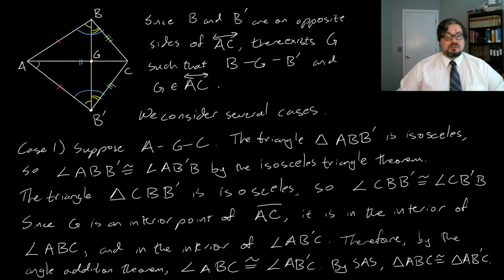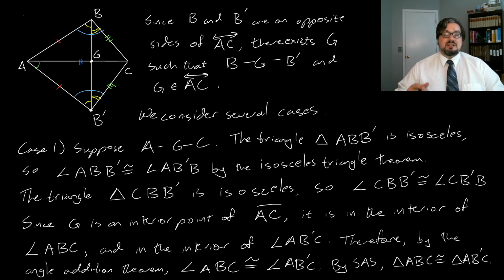All right, so that was one of the cases. Let's consider another one of the cases. When the point G lies on the line AC, there are actually 5 separate cases that we could have. We could have that G lies between A and C, that we have here.